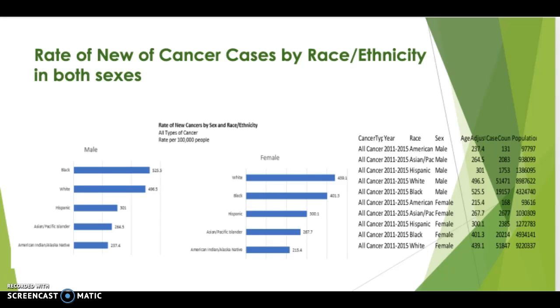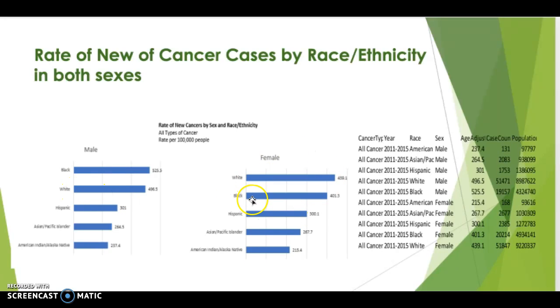Another way of visualizing the data is through the use of a bar graph. So I used bar graphs to show the rate of new cancer cases by race and ethnicity in both sexes. I broke it down by male, and I also broke it down by female. By looking at males, we're able to tell that blacks have a higher rate of new cancers than whites.